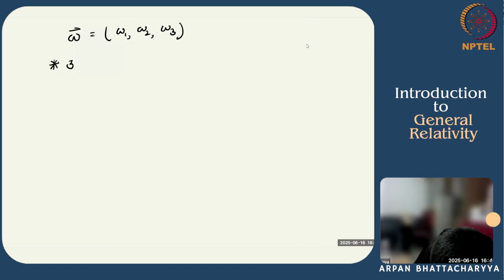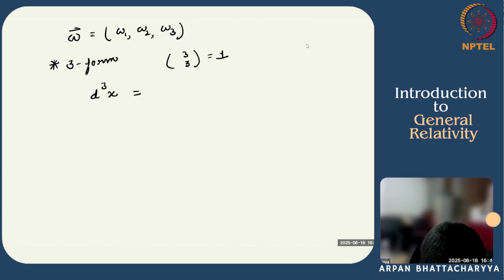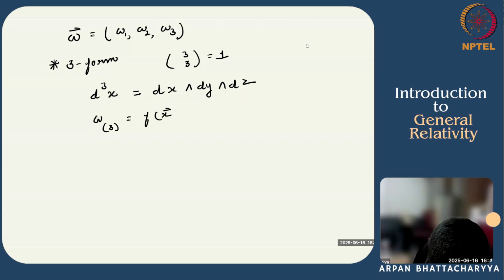Finally, the 3 form will be spanned by only one basis element, 3 choose 3. We know that the elementary volume in three-dimensional Euclidean space is d3x, which is nothing but dx wedge dy wedge dz, and a generic 3 form is written as some function of the coordinate x times d3x.